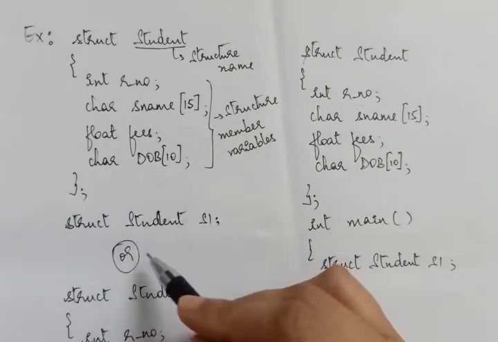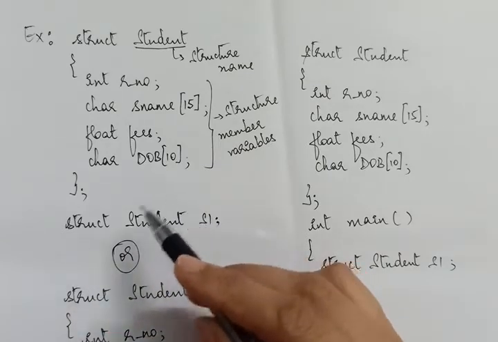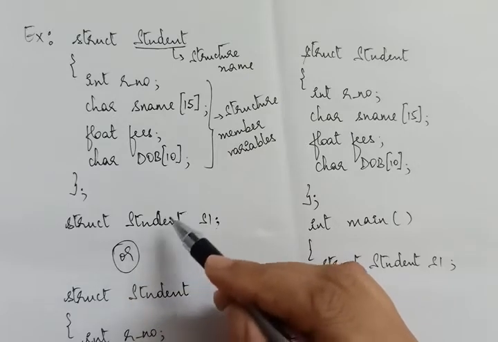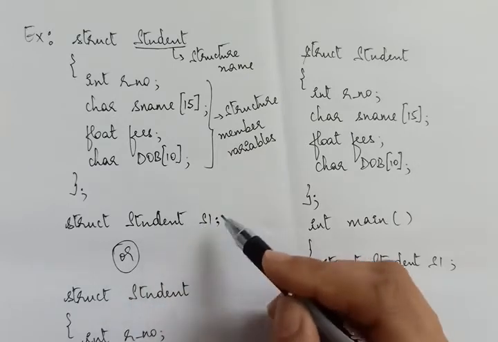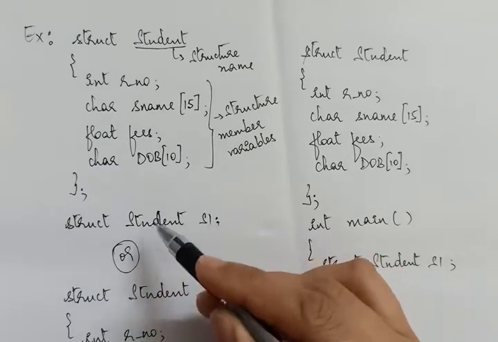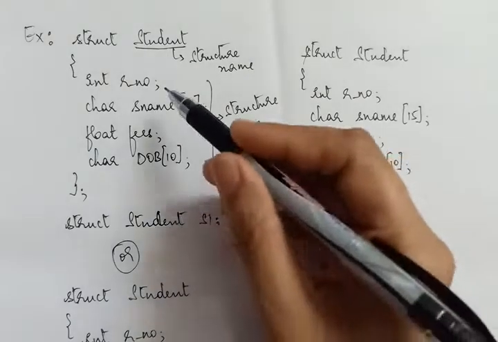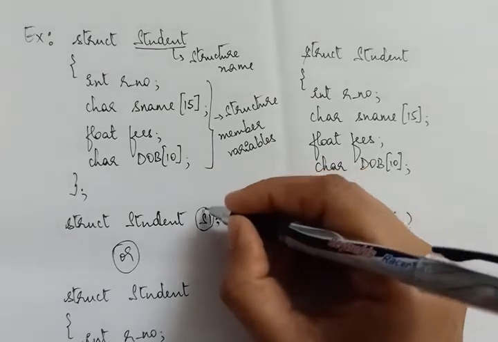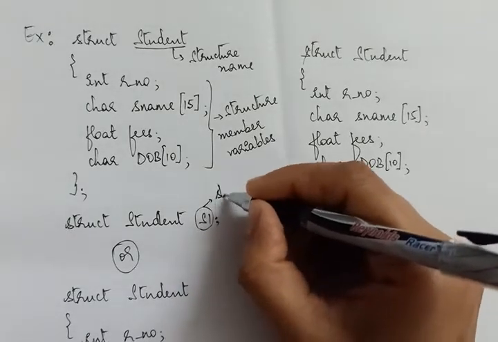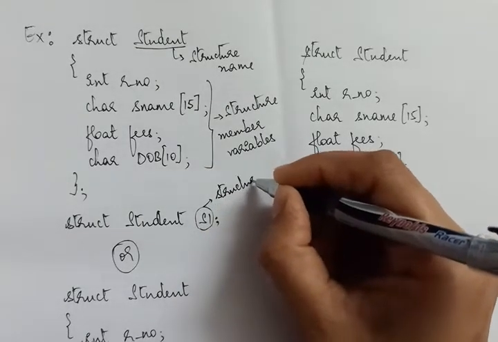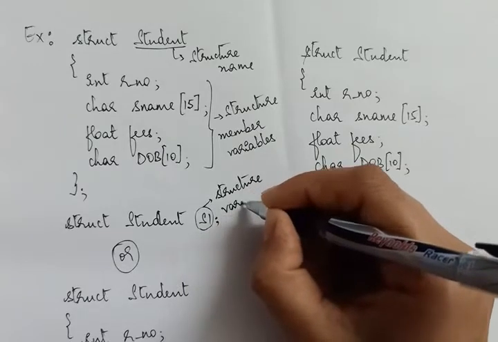So student is a struct type, which is a user defined structure. s1 is of the student type. So s1 is the variable of the structure. So this is the structure variable.